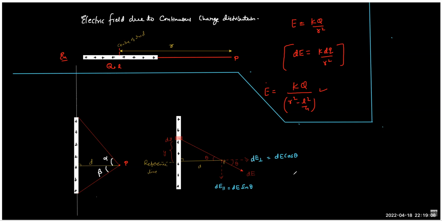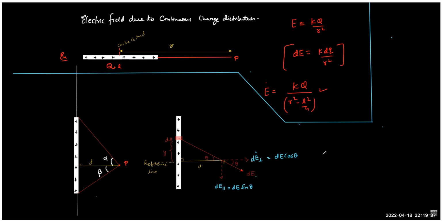You cannot integrate dE because the problem is the direction is not fixed. But we can integrate dE perpendicular because it is always towards right or left in the worst case. And dE parallel will be either below or above, but not in any other direction. So as long as the directions are parallel or anti-parallel, we can integrate the components.